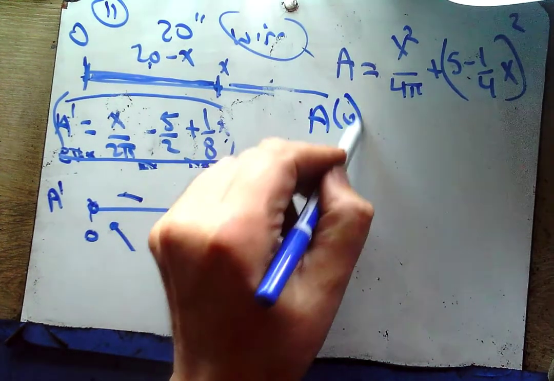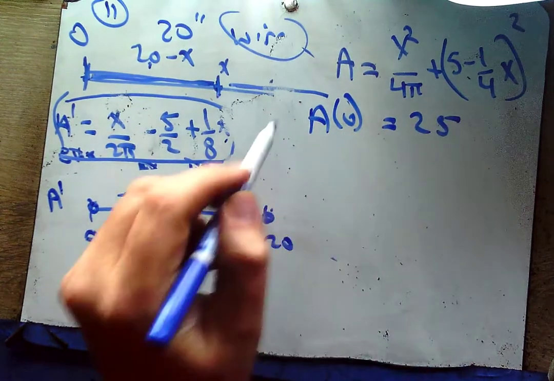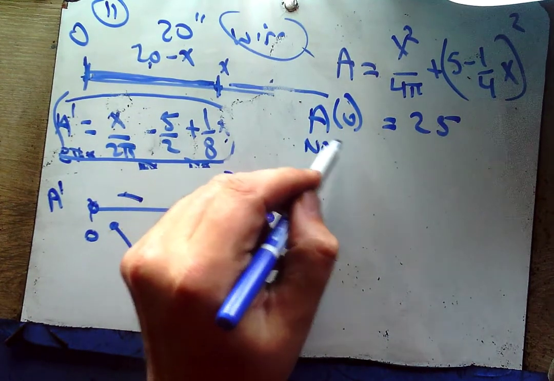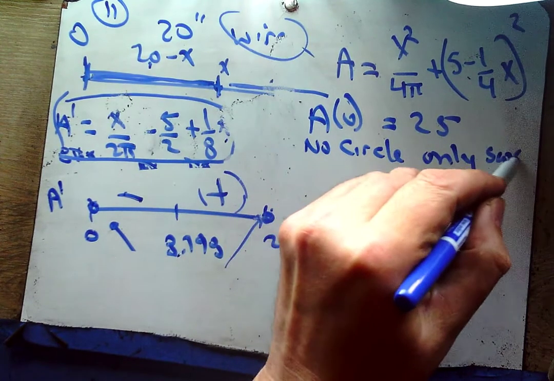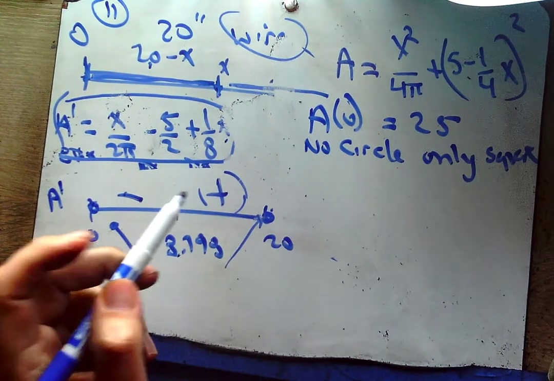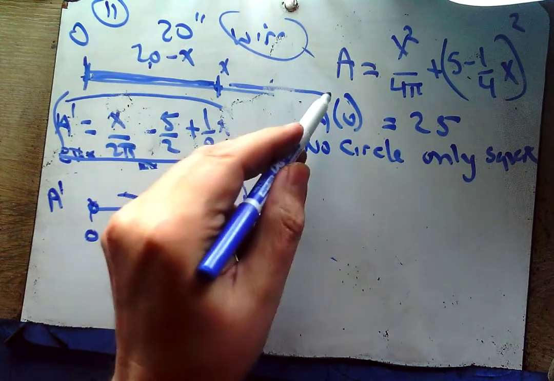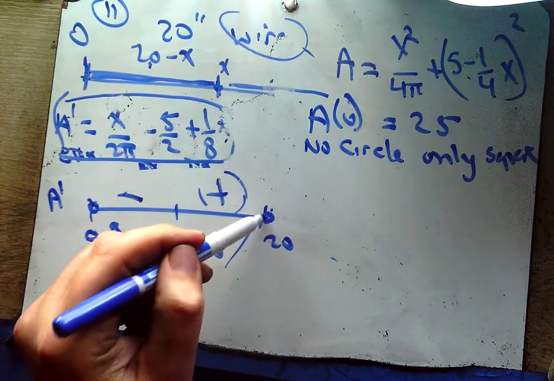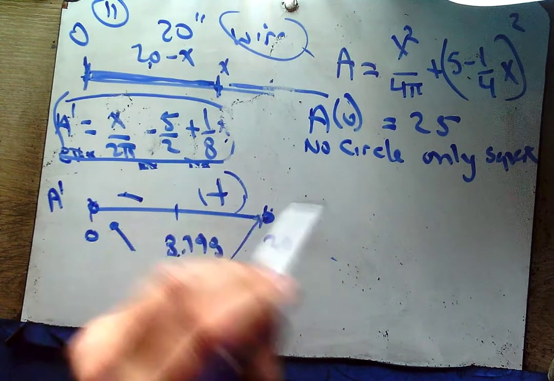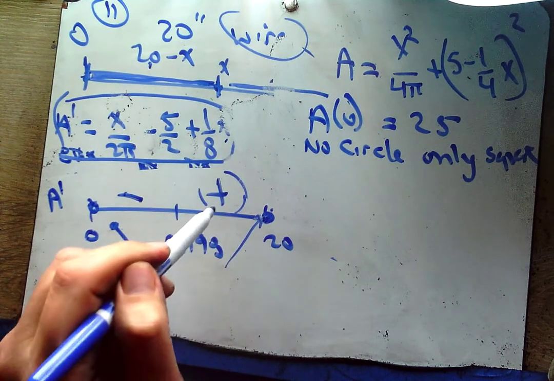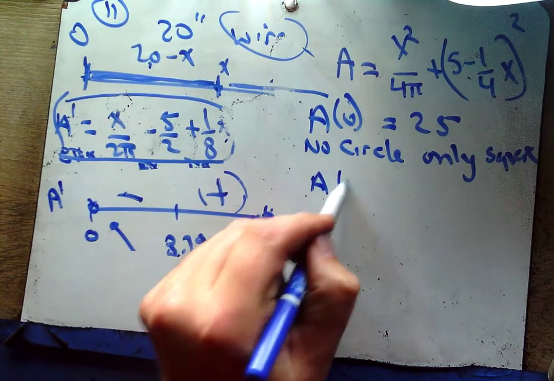So A of 0 equals 25. This is no circle, only square. But what if I use all of the wire for the circle, and none of the wire for the square? That's A of 20.